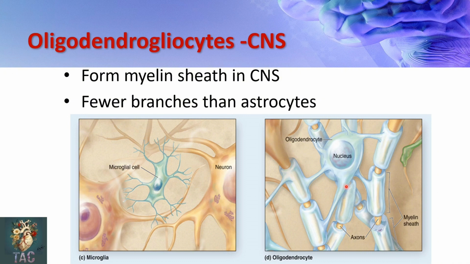The process is different from that of the Schwann cells, because in the peripheral nervous system, a Schwann cell wraps itself around a single axon, while the oligodendrocyte stays at its place and sends tongue-like processes, and these tongue-like processes wrap around parts of the axons. So multiple axons are myelinated at the same time by a single oligodendrocyte. So this is the difference.